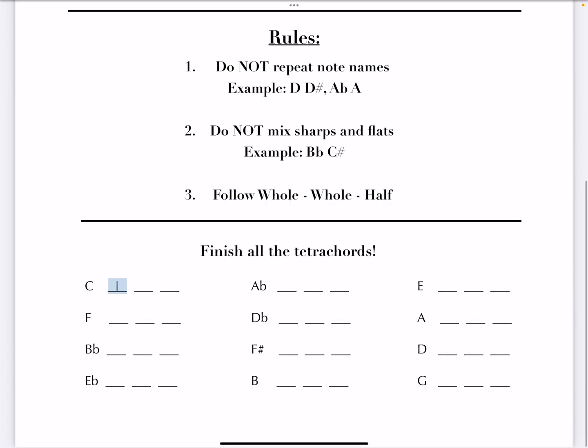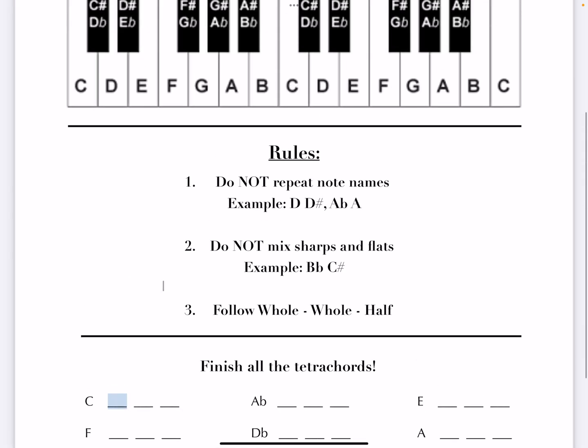We have right here C, we did this one together, D, E, and then a half step up, E to F, C, D, E, F. We just did F together. F, whole step, 1, 2, G, whole step, 1, 2, A, half step, 1 half step, 2, B flat. So we would fill in F, G, A, B flat.